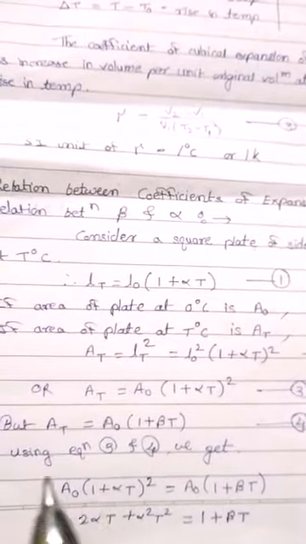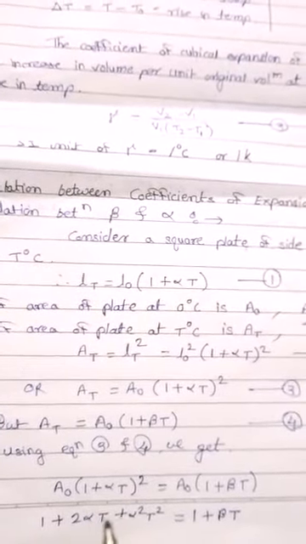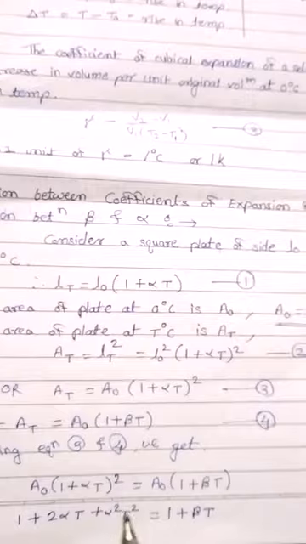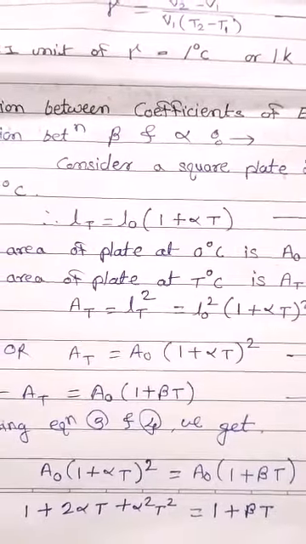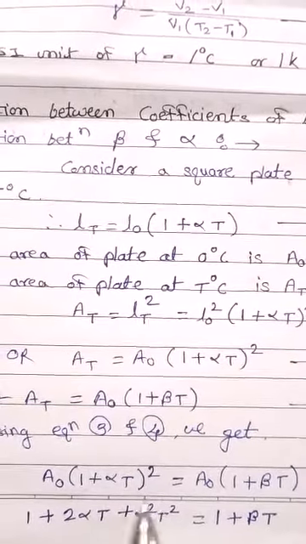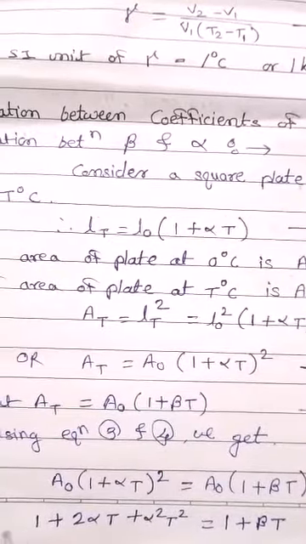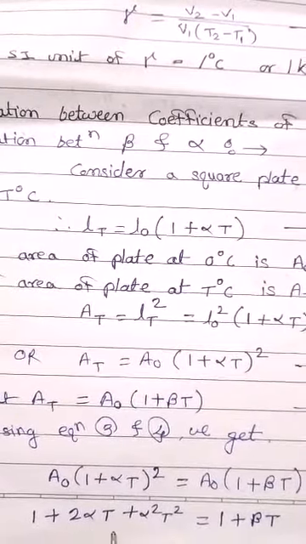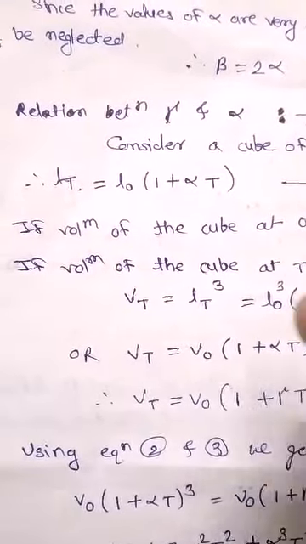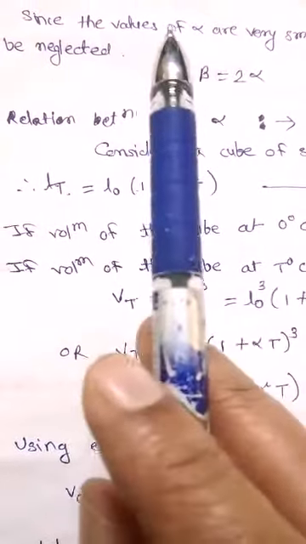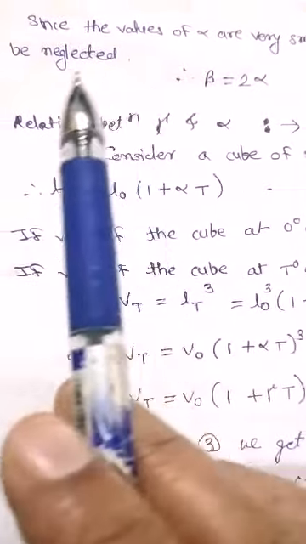Solving the bracket, 1 plus 2 alpha T plus alpha square T square is equal to 1 plus beta T. Here the square term is neglected, so we get 1 plus 2 alpha T is equal to 1 plus beta T.